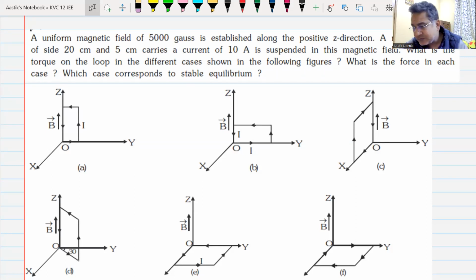Yes, my dear friends, you can give me the answer for this one to start off the question. What is the force in each case on all the loops? A, B, C, D, E, F, G, and the answer is? No one knows the answer? What is the force in each case?